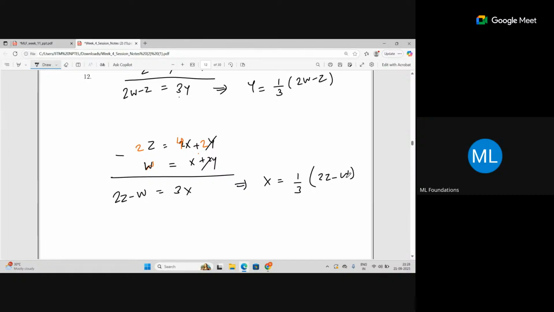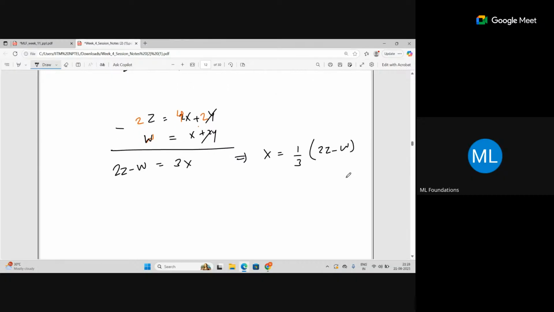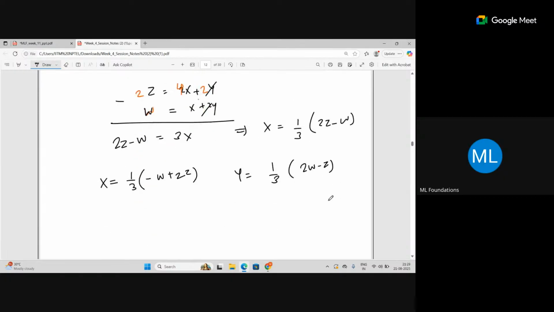So x equals 1 by 3 times (minus w plus 2z), and y is 1 by 3 times (2w minus z), right?